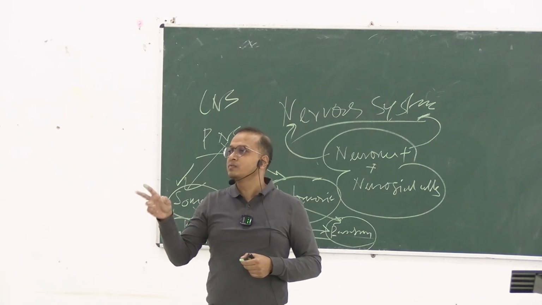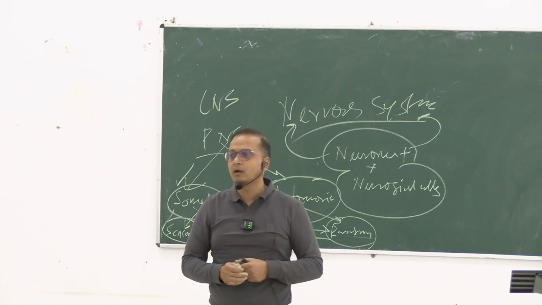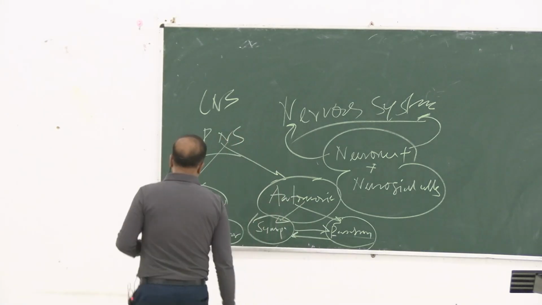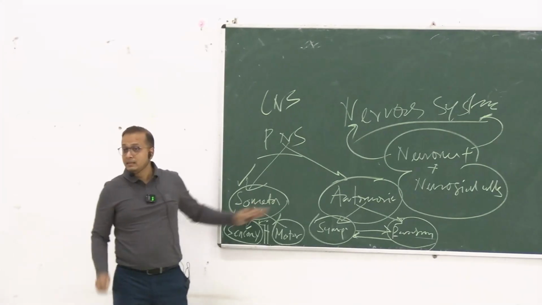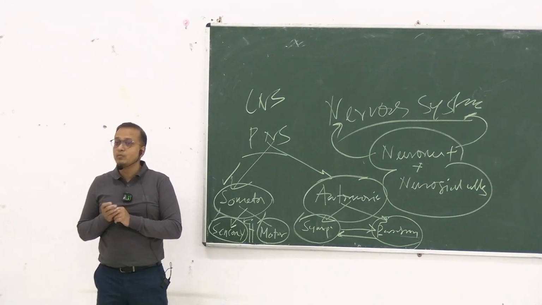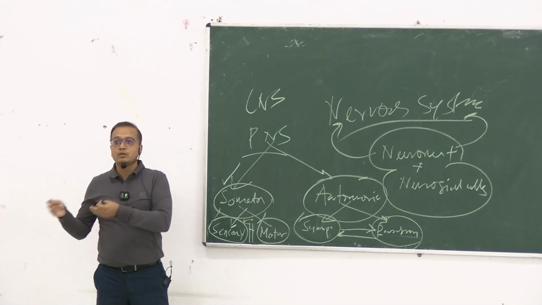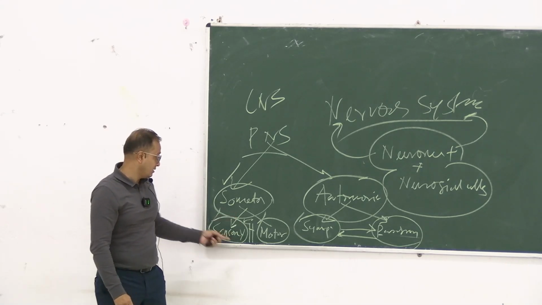These two nerves come across very frequently whenever you are learning anatomy, physiology, and so on. So, the sensory component and the motor component are the two basic elements of the somatic nerves. This we have to understand very well and reproduce well in anatomy classes, whether practical or theory.